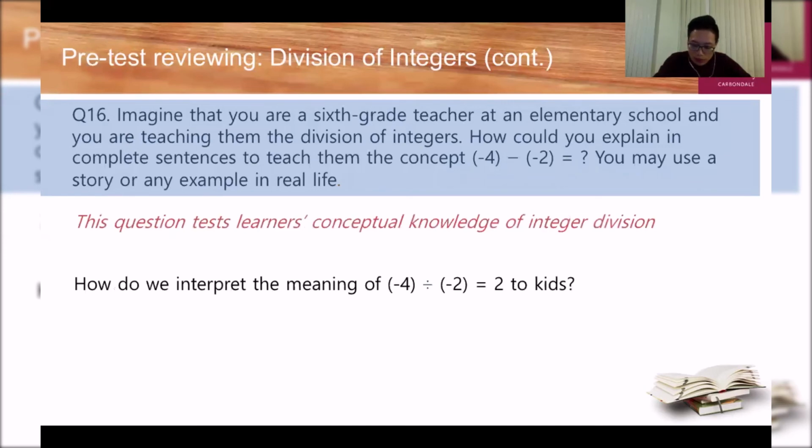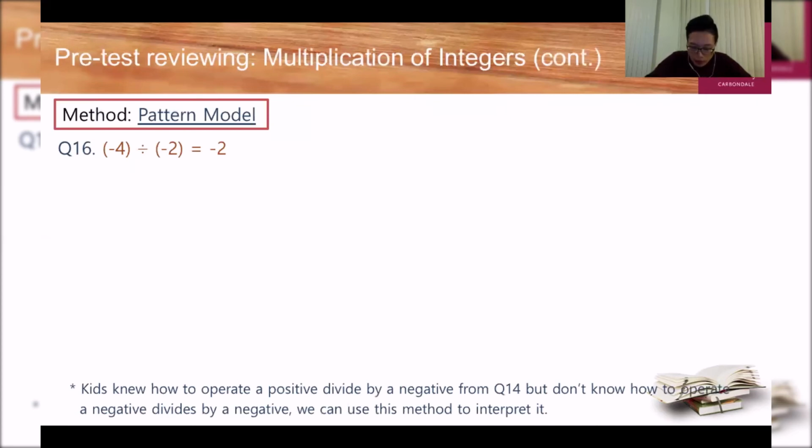So again, I will start from the pattern model. Kids knew how to operate a positive divided by a negative from question 14 that we just talked about, right? And right now they don't know how to operate a negative divided by a negative. So we can use this method to explain it.